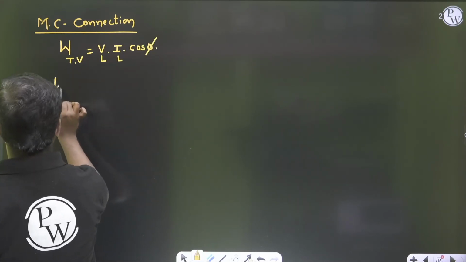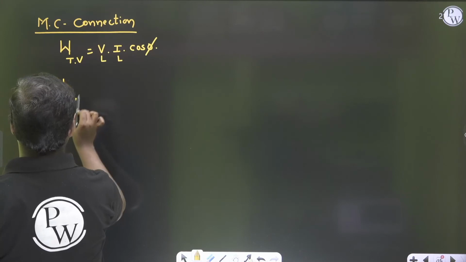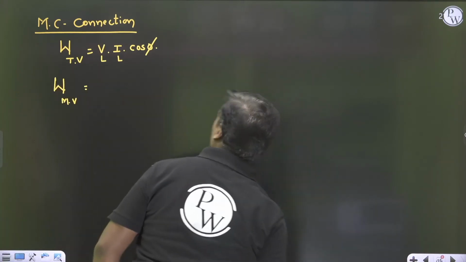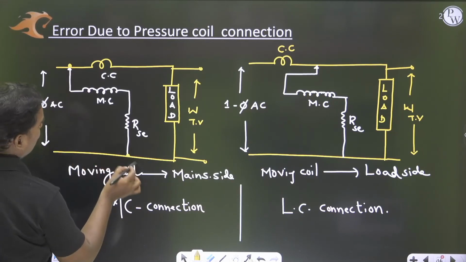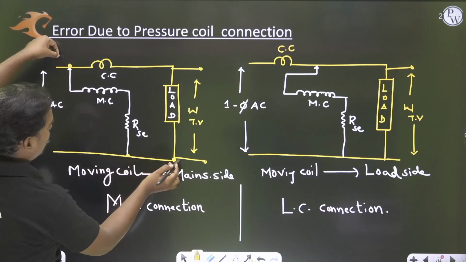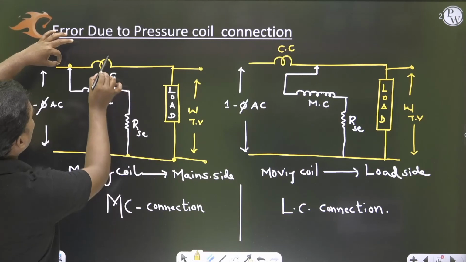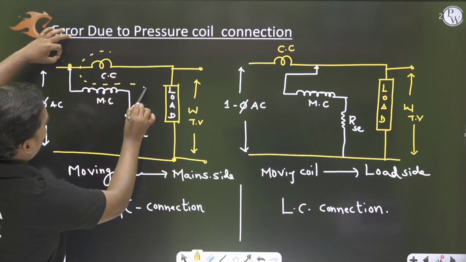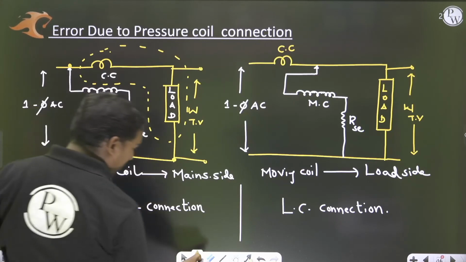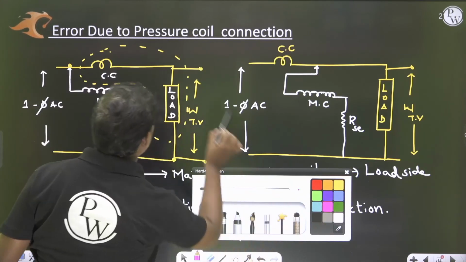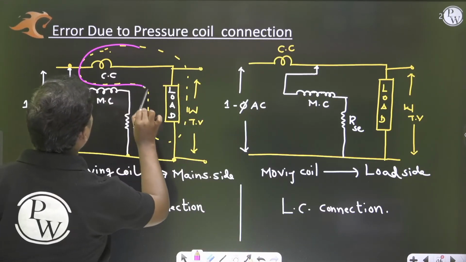But if we check the measurement value, what is going to happen? The terminals are here, right? So with respect to this, it is including this current coil also. Yes or not? Let me draw with a different color. It is including the current coil also.